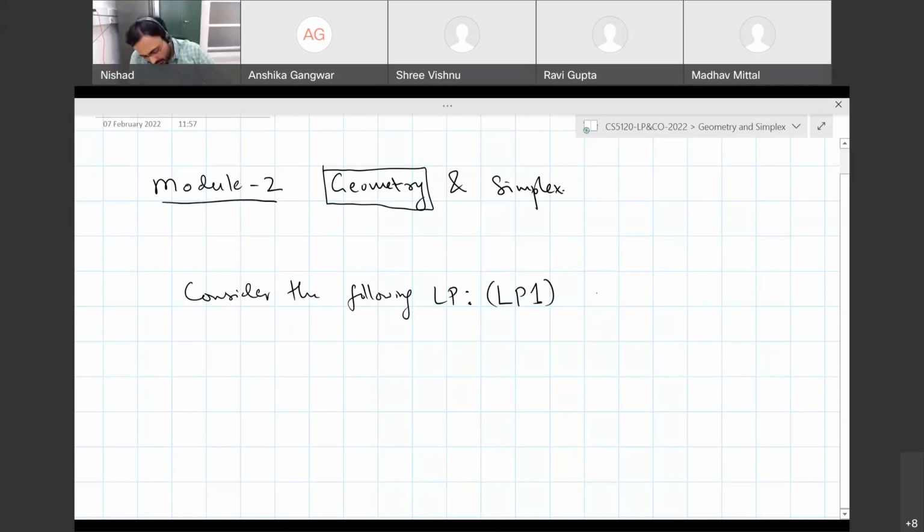We are going to maximize an affine function, which basically means a linear function plus a constant. In this case, it is just a linear function; the constant is 0. Subject to certain linear constraints. Here are the linear constraints for this example.